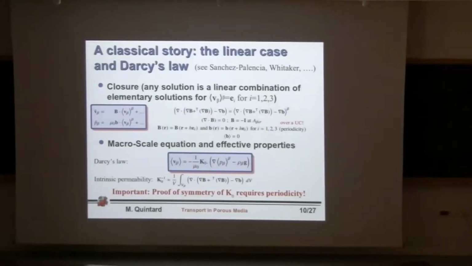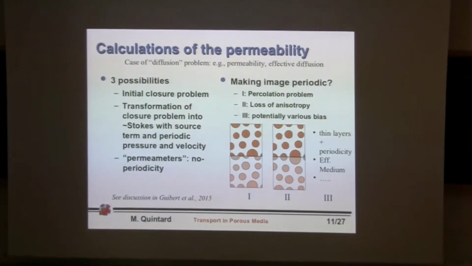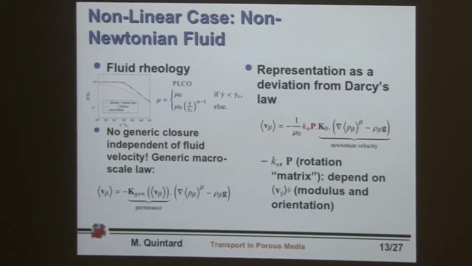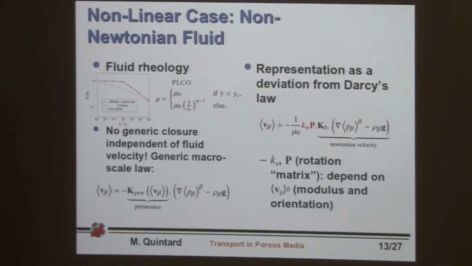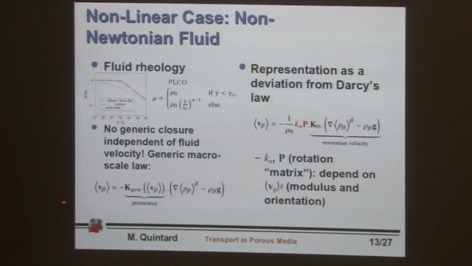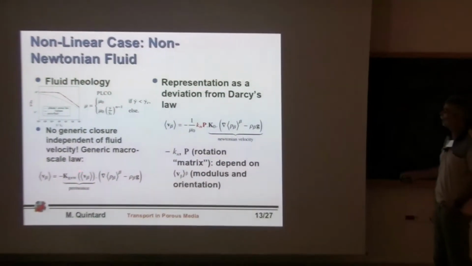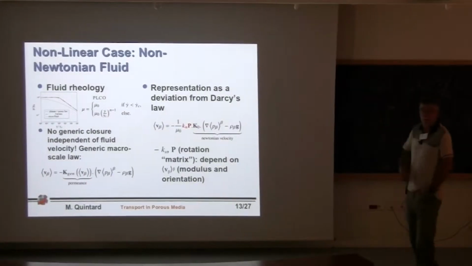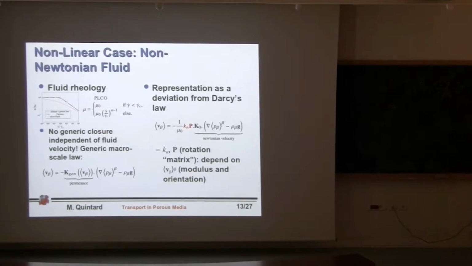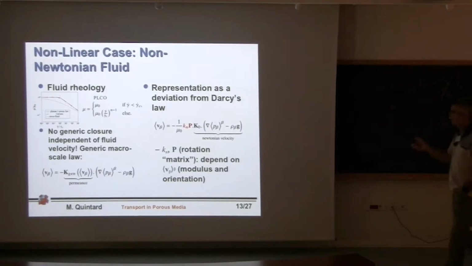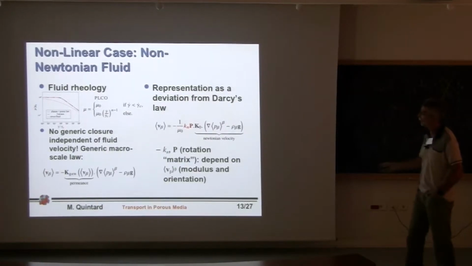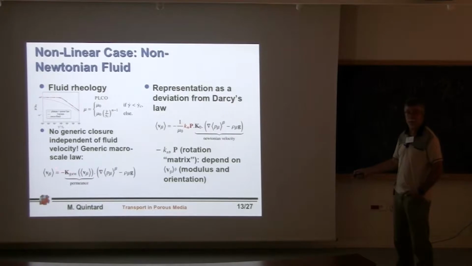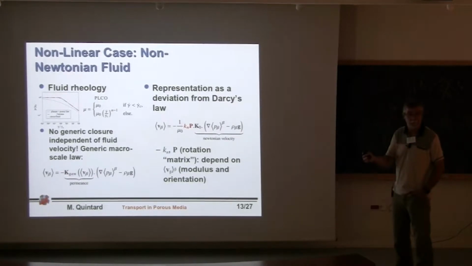And in the nonlinear case, I will come back to that later, but the only thing I know is that I can write something nonlinear like that with an apparent permeability, which in some cases is called the permeance, but this word is also used for something else. This is the only thing I can write, theoretically speaking.